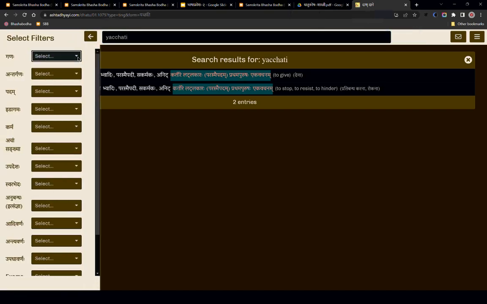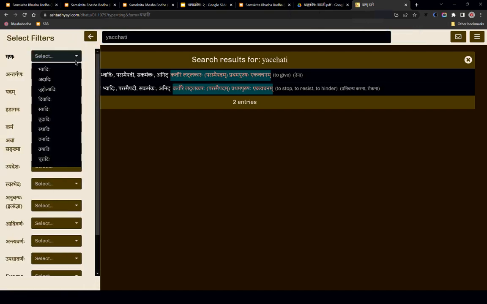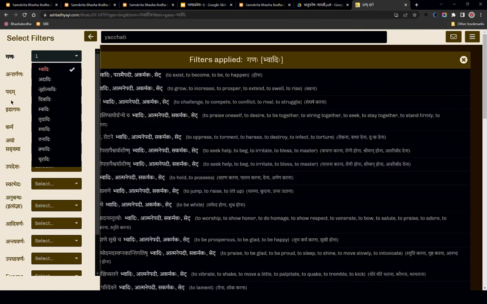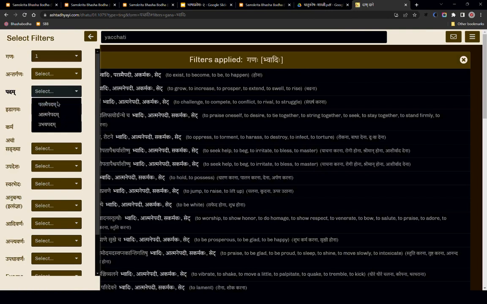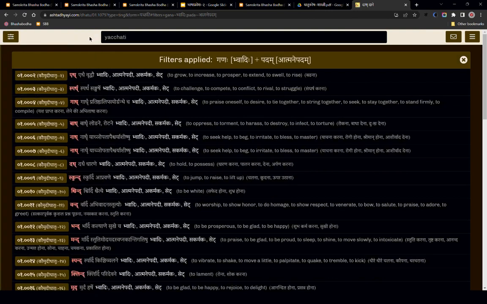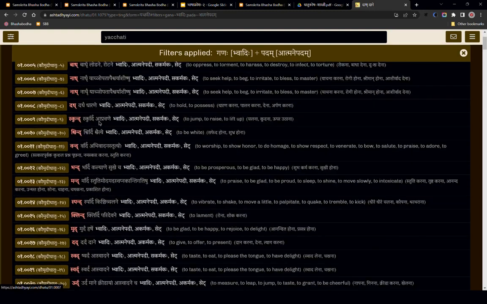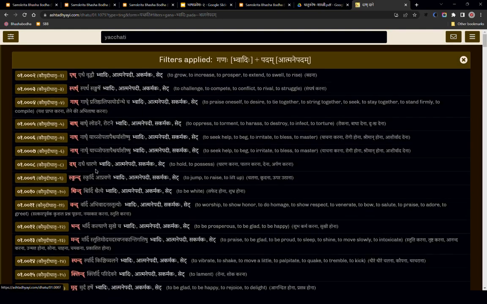So Gana, you can select, like if you want to know in the Bhavadi Gana, the Pada, which are the only Atmanepada dhatu belonging to first Gana. Then you can select, then it will show here the list. If you want to go through this one by one, this could be helpful.